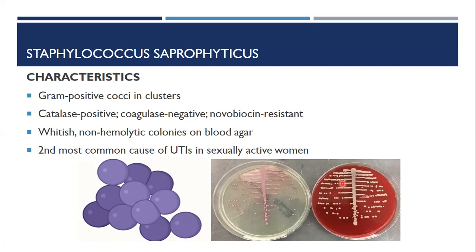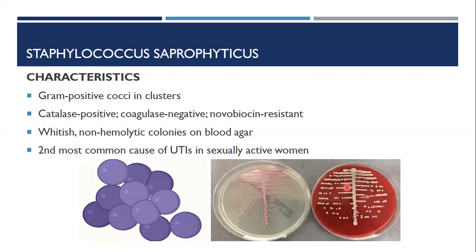Okay? It's non-hemolytic, meaning it does not contain the alpha hemolysin. It's not capable of lysing red blood cells in the blood agar, and it produces whitish colonies. It's actually the second most common cause of UTI in sexually active women.